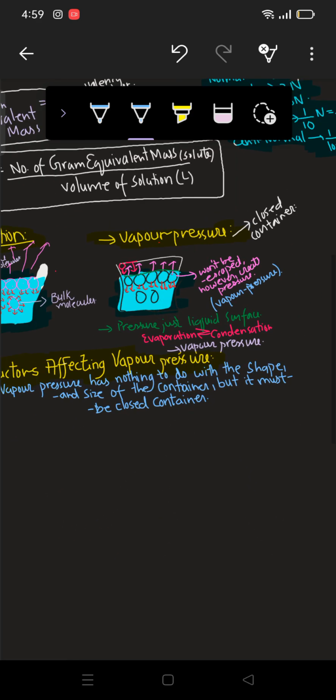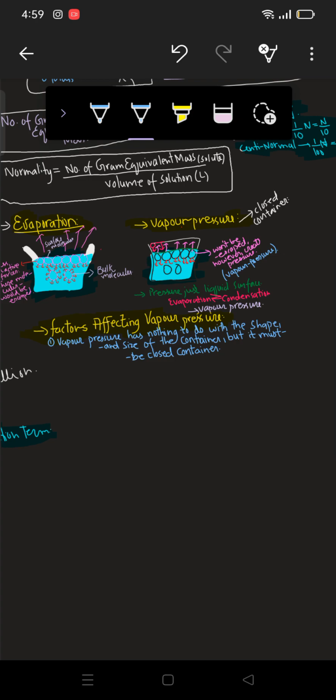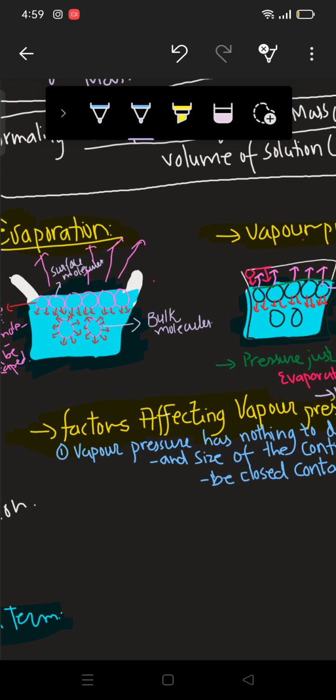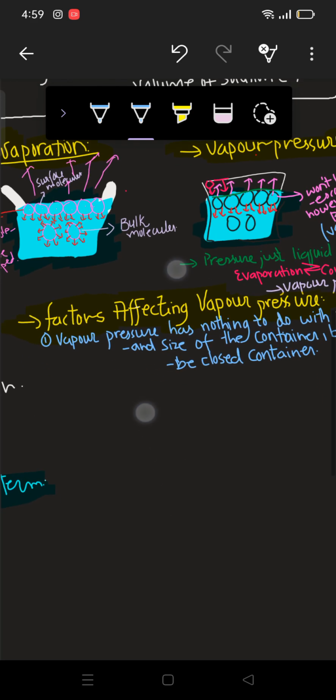Again, let's read this factor so that we understand what the first factor says. Vapor pressure has nothing to do with the shape and size of the container, but it must be a closed container. Now see, whatever the size of the container is, if you have this container, it's okay.